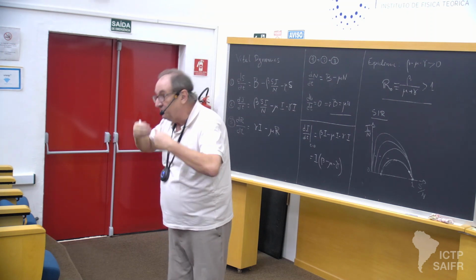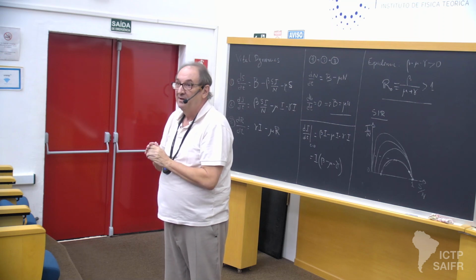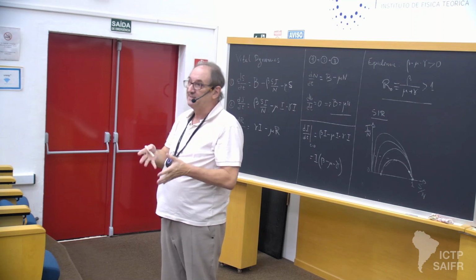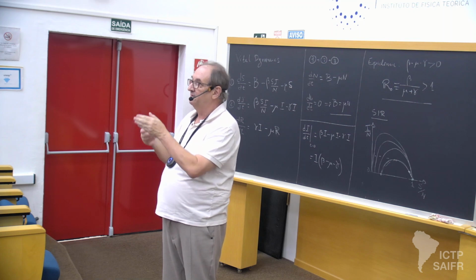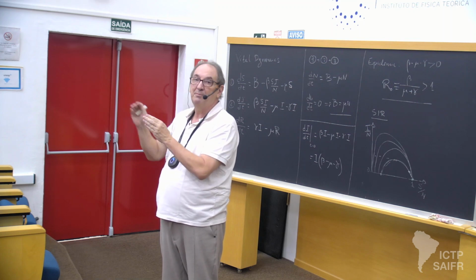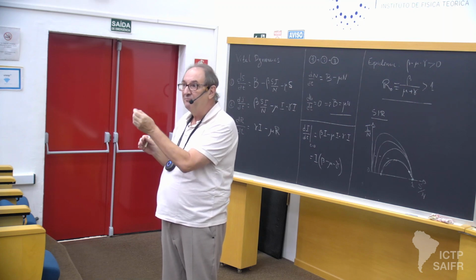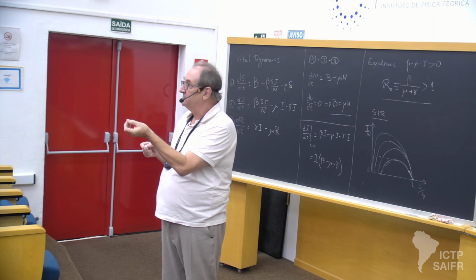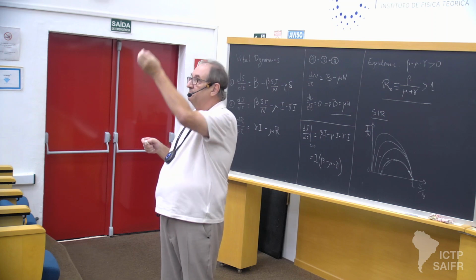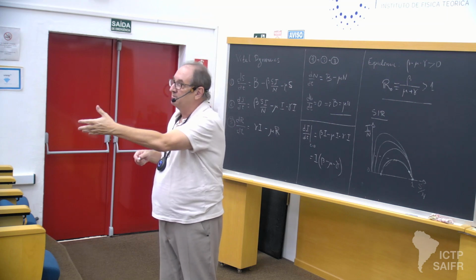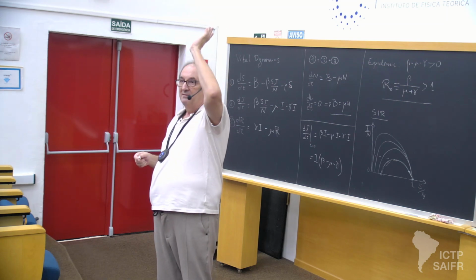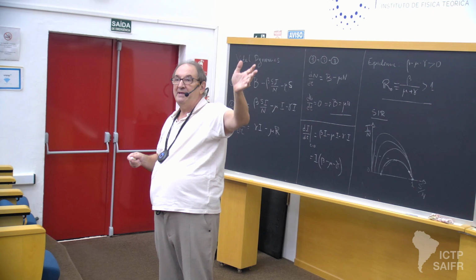But if R0 is bigger than 1, then the fixed point is unstable, because I introduce a small perturbation of the totally susceptible population. I introduce some very small amount of infectious people, and this will increase over time. It won't go back to S equal to N. It will spread, and we have an epidemic.